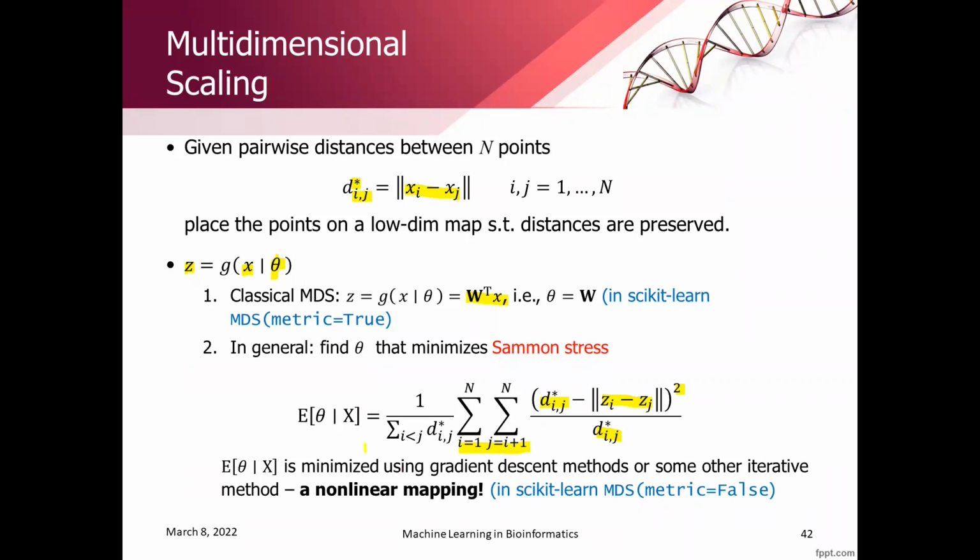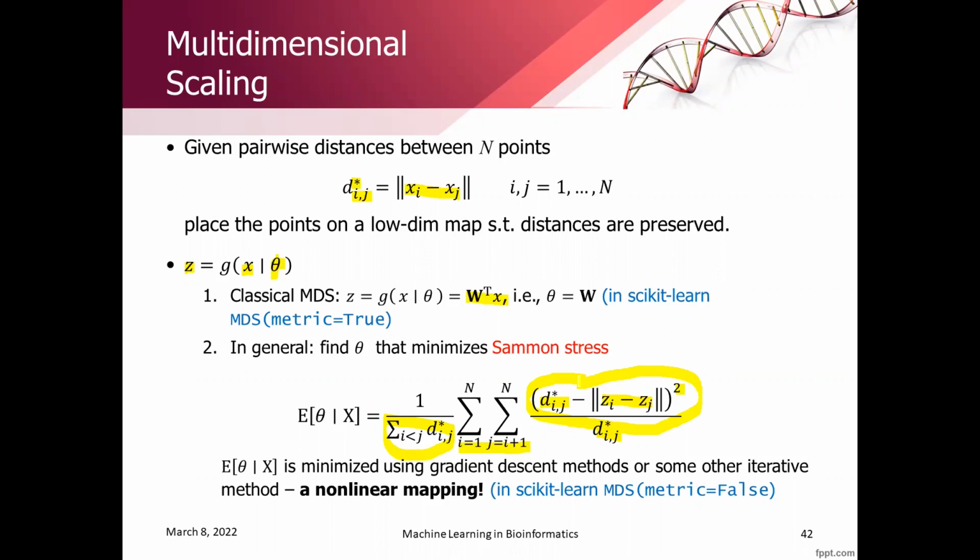Then we normalize that by dividing by the sum of all distances of all pairs in the original space. Our goal is to minimize this, because if we minimize it, we minimize the differences between the distances in the original space and the distances in the second space of the mapped observations.